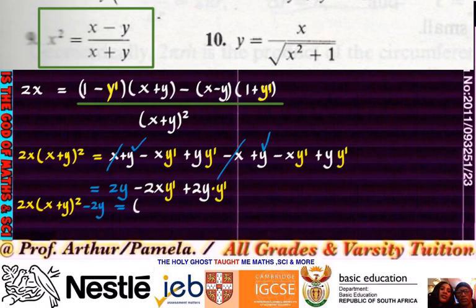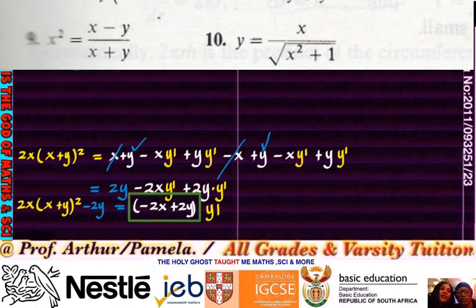So I'm going to parenthesize that. So I'm going to have minus 2x plus 2y, and then outside the bracket is going to be y prime. So what's in the green box must go and divide the other side. Then I would have my dy over dx done.